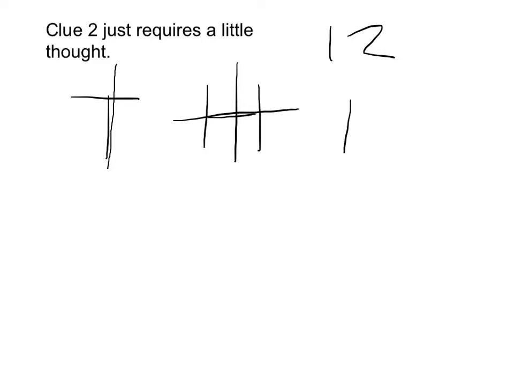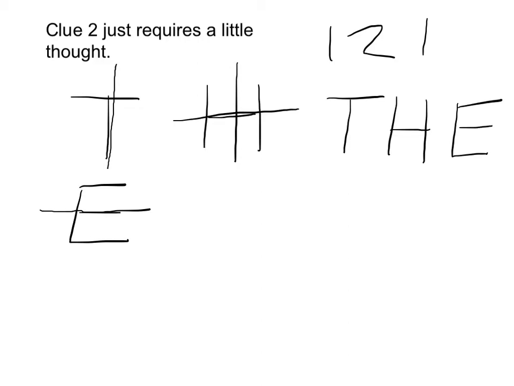So the first 2 letters here are T, H. Then it goes 1 again, and moving along the line, the next letter with 1 line of symmetry, I think, is E, because the line of symmetry is there. So there you go. One of the first parts, or the first words in that first line, is the. You'll have to carry on now.